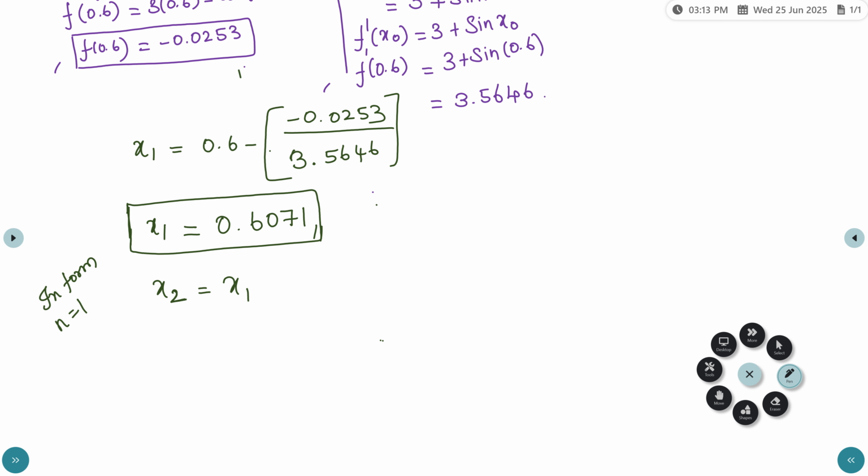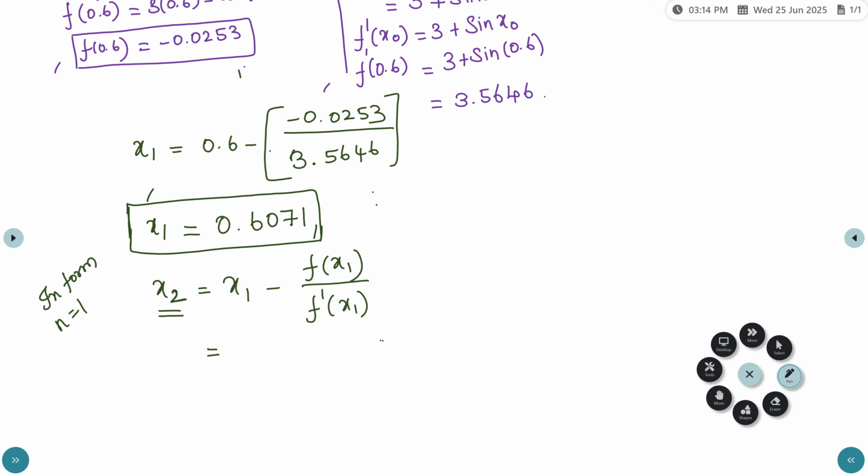So x1 minus f of x1 divided by f dash of x1. This is the formula for x2. Next, we are going to calculate the x2 value using the x1 value.